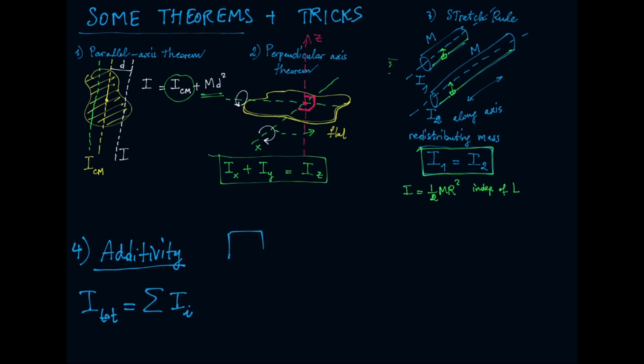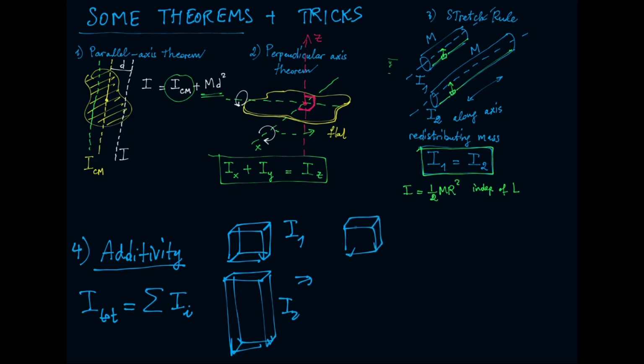And so if you have, let's say, a cube like this, and a slightly taller parallelepiped like this, and you know I1 and I2, then if you glue them together in an even taller object, the total moment of inertia is simply the sum of the two.